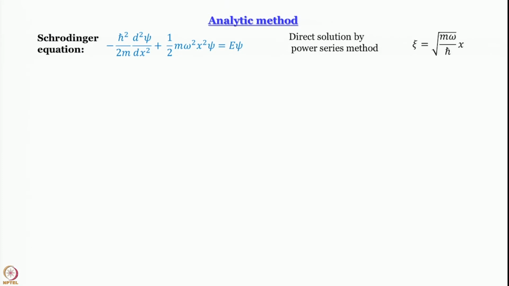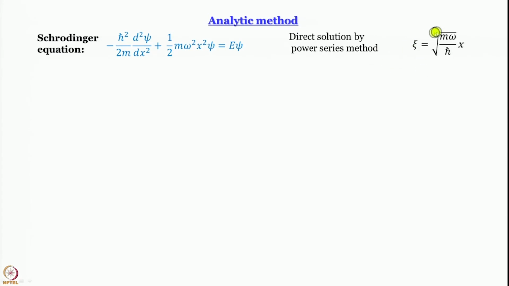But first let us rewrite the variable. This equation is in x. Since we are not the first ones working out this equation, we know that the final result will be neater if we work this out in terms of not x, but another related variable, xi. This letter that you see on the left hand side here is the Greek letter xi.